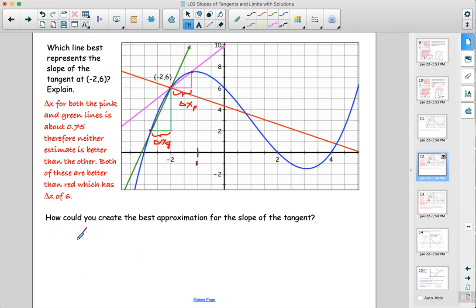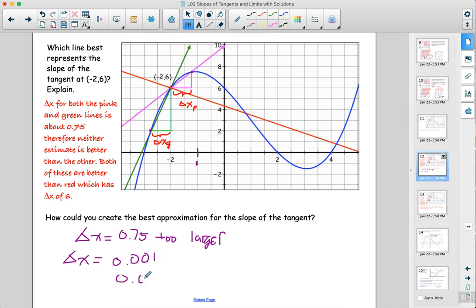Now, I hope you remember from Advanced Functions, a delta x of 0.75 is too large if you want to approximate the slope of a tangent. I do believe the value we were after for delta x was at least 0.001.